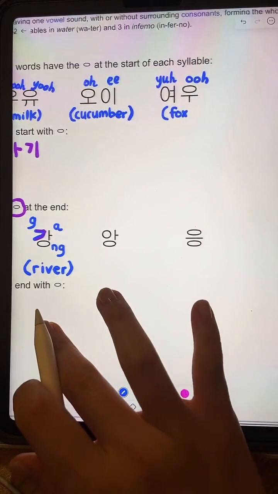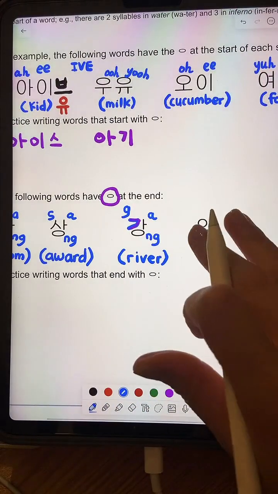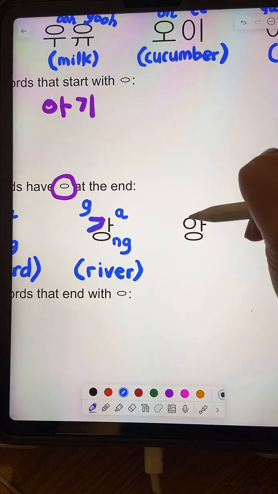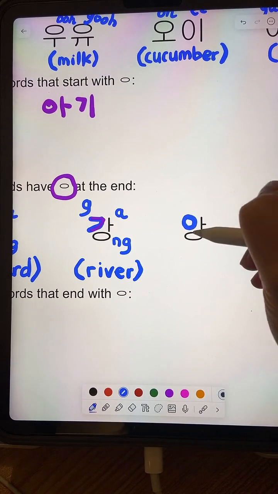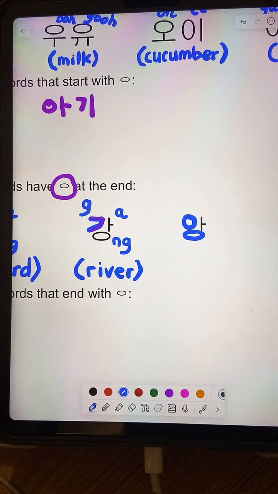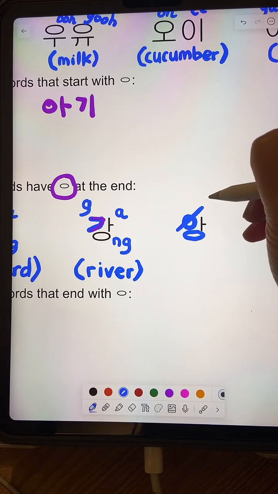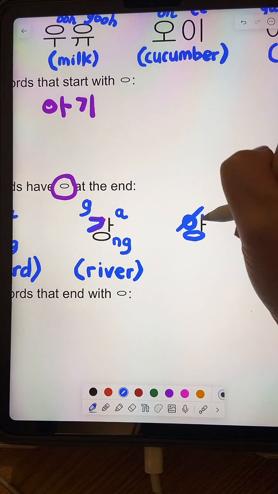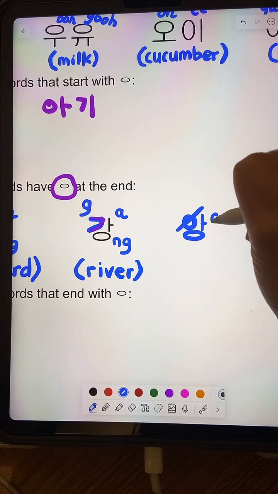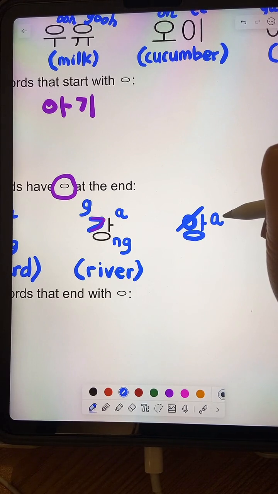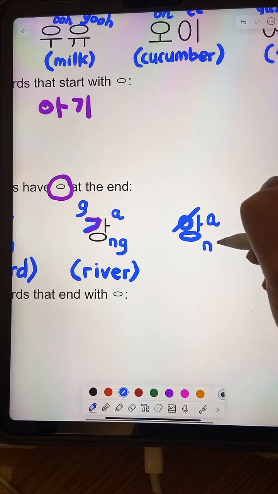All right, we have two more. So now this one is interesting. It starts with this and ends with it. What do you think? 네, great job. In the beginning, it's silent. So you just skip over to the vowel. What's the vowel? Right? And then at the bottom.